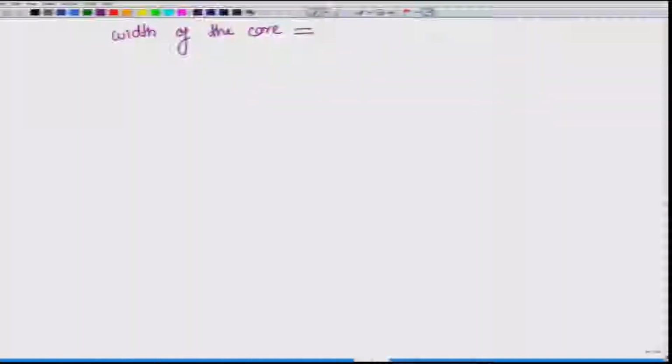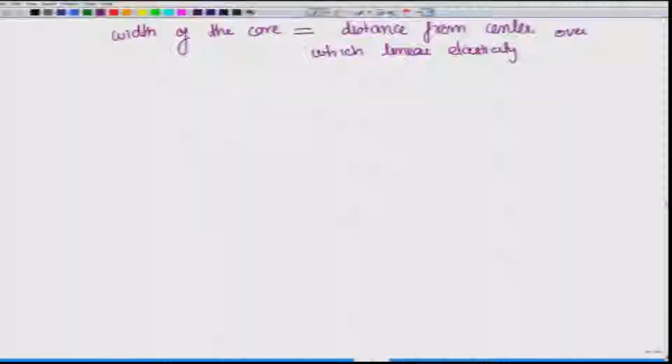It is defined as distance from the center of the dislocation over which linear elasticity does not hold. And we had earlier said that this is approximately equal to 10%, or b by 10. So, if b is the Burgers vector with respect to which we are calculating the strain, then 10% of this will be b by 10.